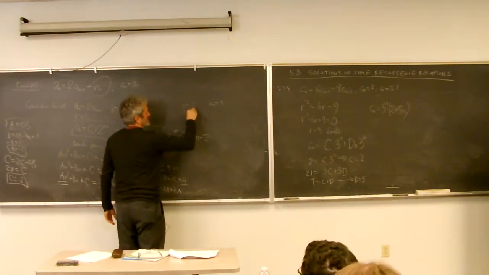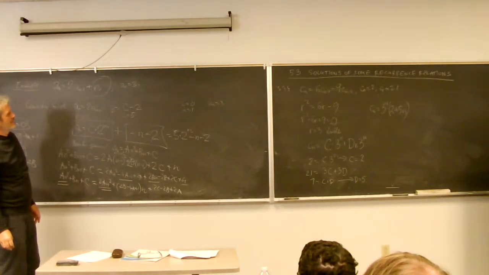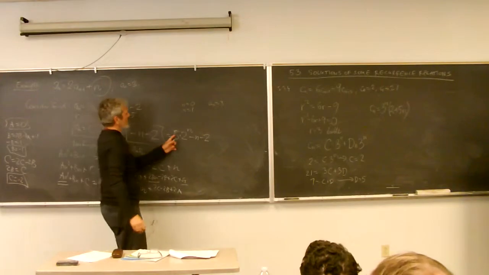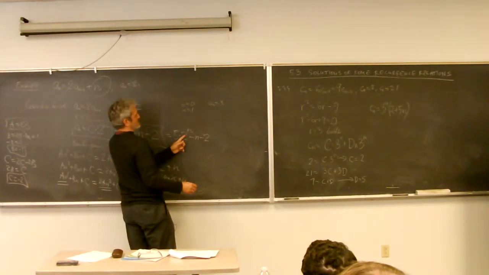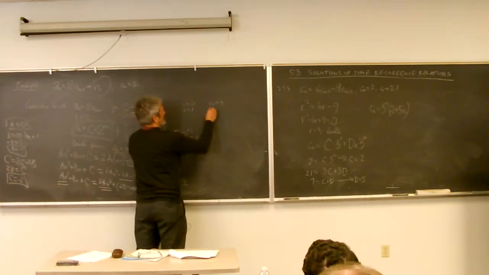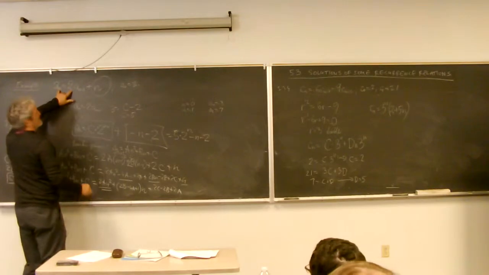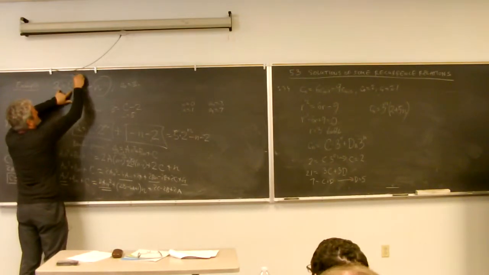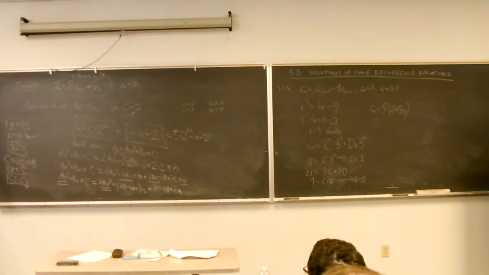It's always good to check your calculation at the end. When n equals 1, what do we get? 10 minus 3, a1 is 7. Let's see here. 2 times 3 plus 1, which is 7. So it works.